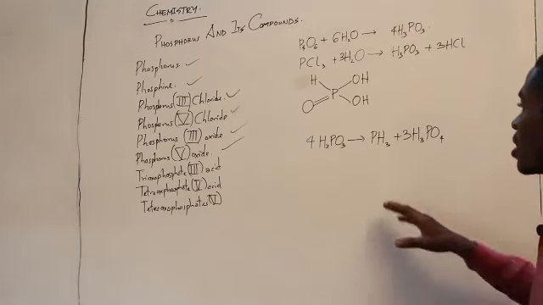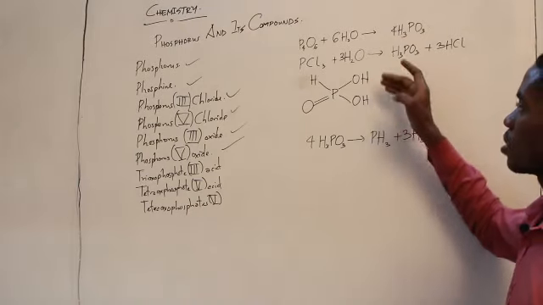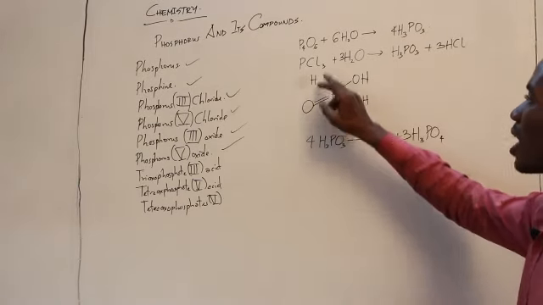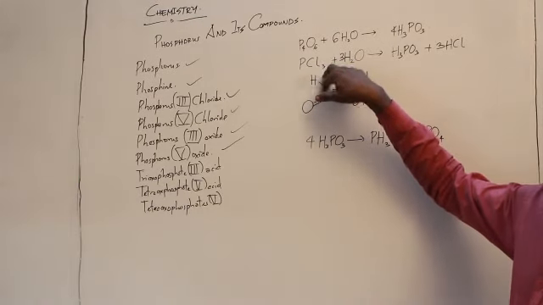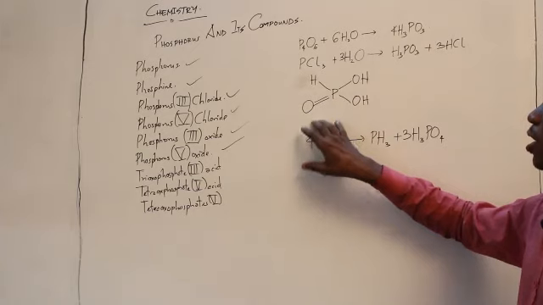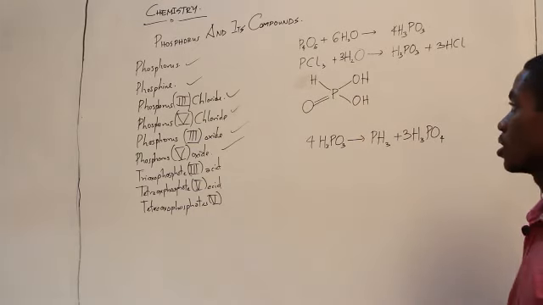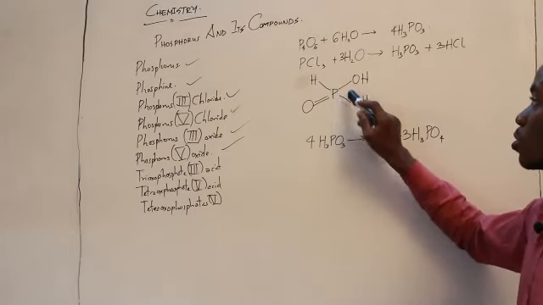The acid has a unique structure. That's what we have on the board here. It has the oxygen, hydroxyls, and the hydrogen. This is the hydrogen that forms the function of the acid. Phosphorus has 5 valence electrons: 1, 2, 3, 4, 5.